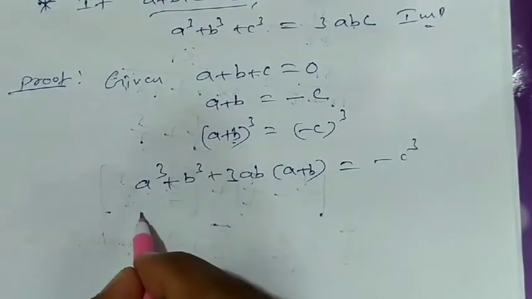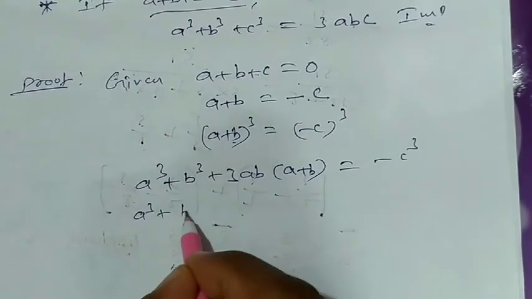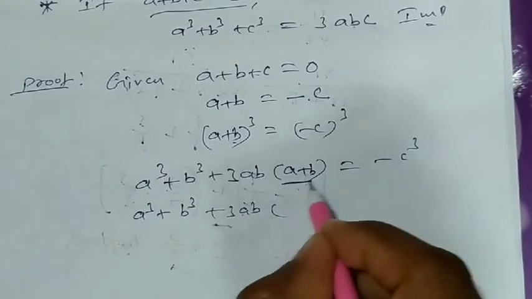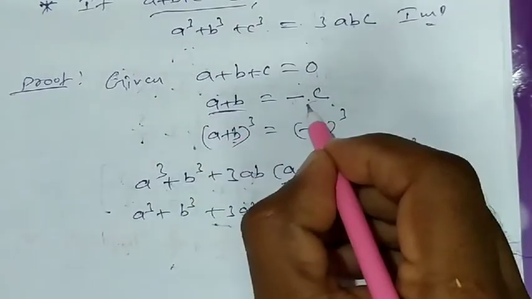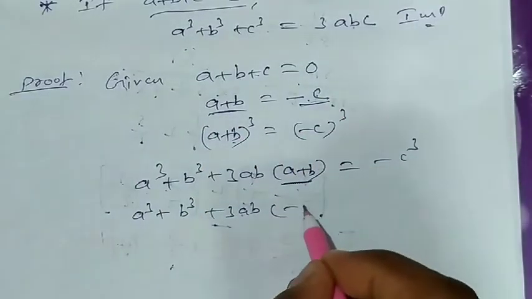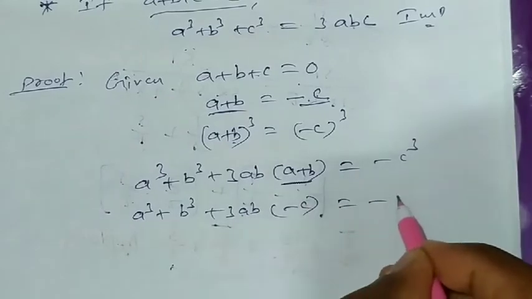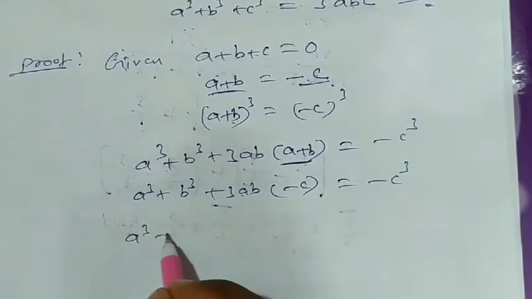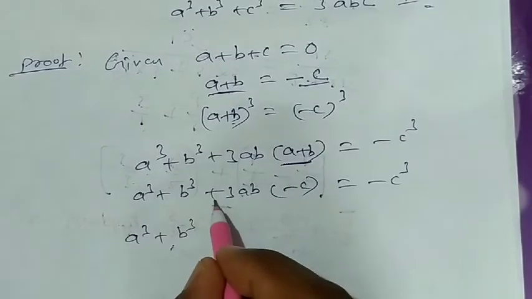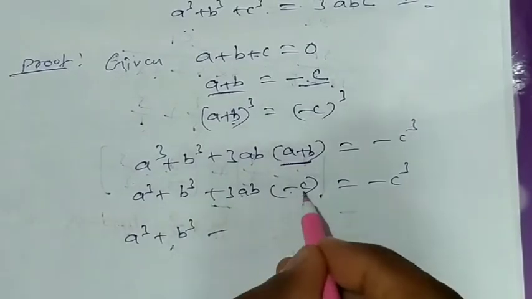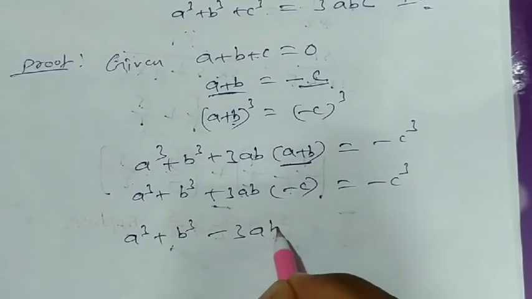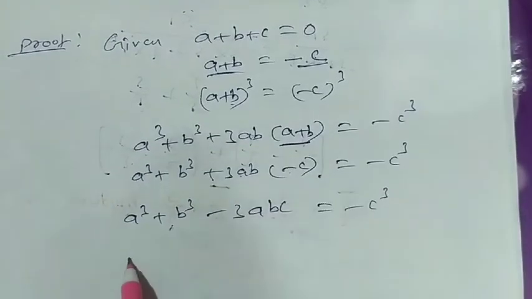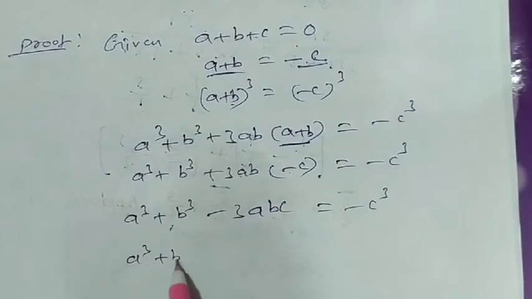Right. a cube plus b cube plus 3ab into (a plus b). What is the a plus b value? Minus c. Substitute here. a cube plus b cube plus 3ab into minus c, that is minus 3abc, is equal to minus c cube. Okay, a cube plus b cube.